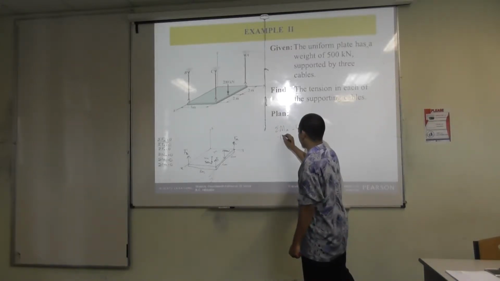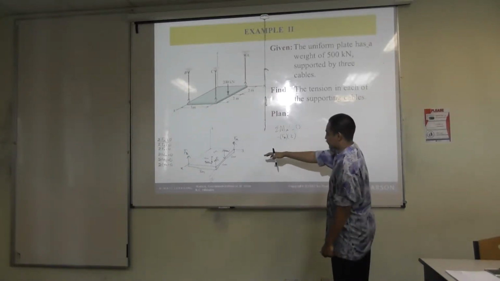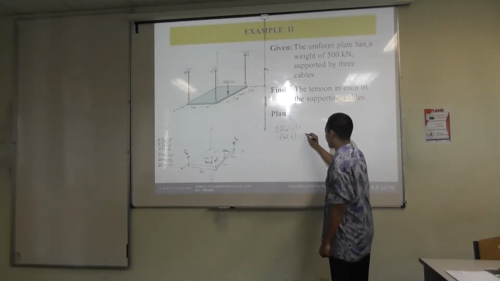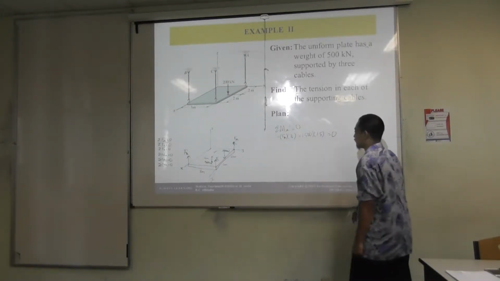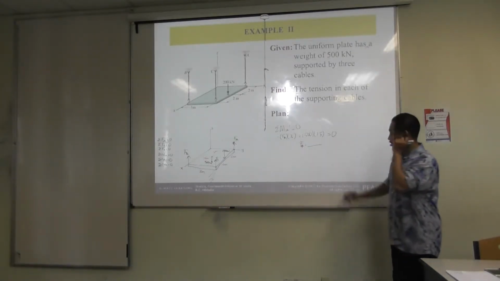So minus Fb, distance 3. And then Fc, no moment, 200 no moment, and then 500 is plus 500, 1.5, equals 0. So can you solve Fb? Can solve straight away.